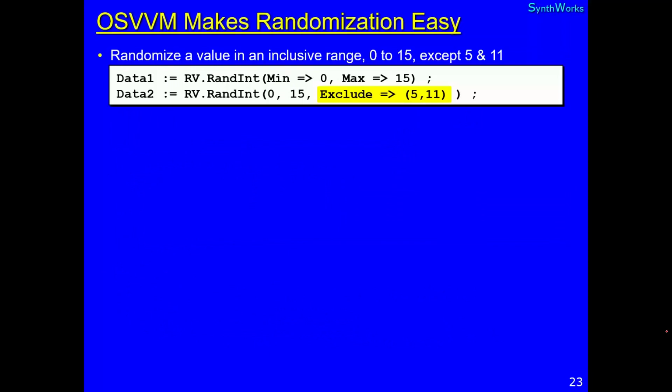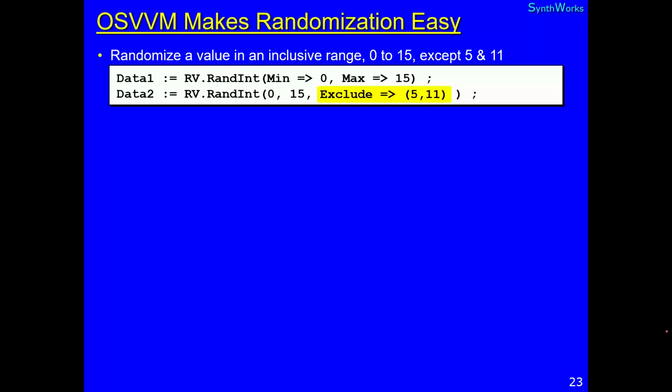All right, so what does OSVVM have related to randomization? Well, we have a very simple random toolbox. We can randomize a range, min and max. We can randomize a range like 0 to 15 with an exclude set. We use integer vectors as a set, so that extra set of parentheses makes that a single parameter.